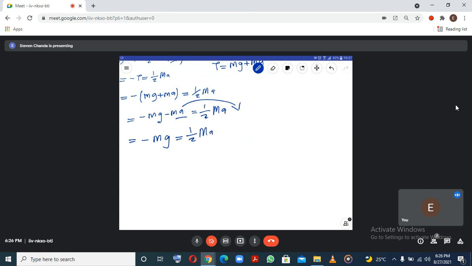Okay, great. So we have the acceleration on one side. To have the acceleration on one side, we can factor the right hand side.